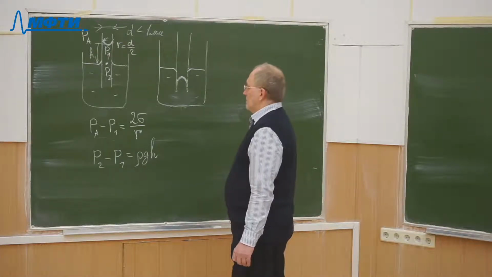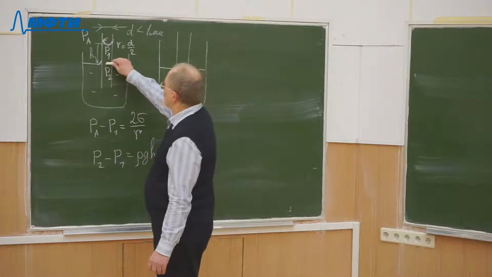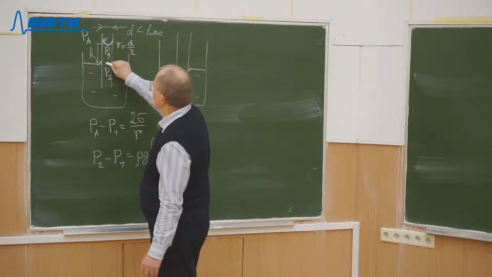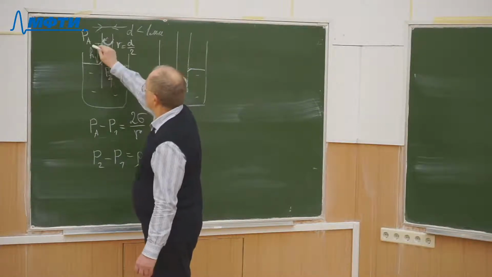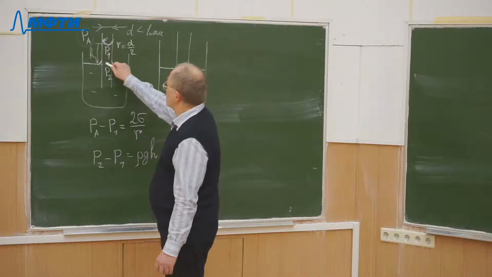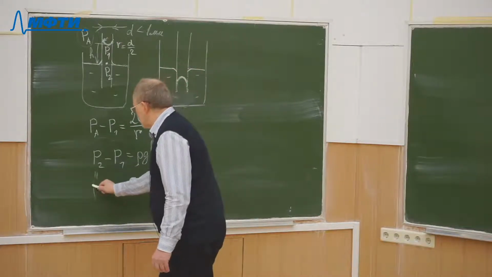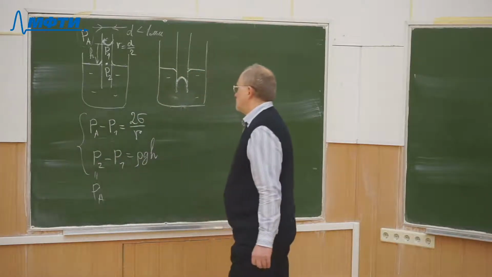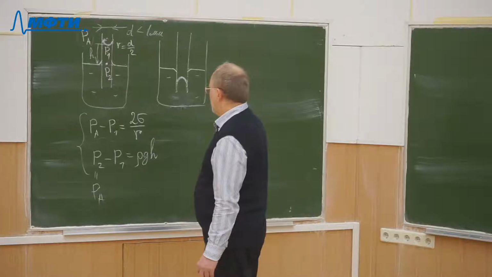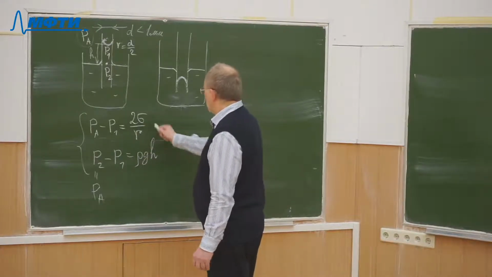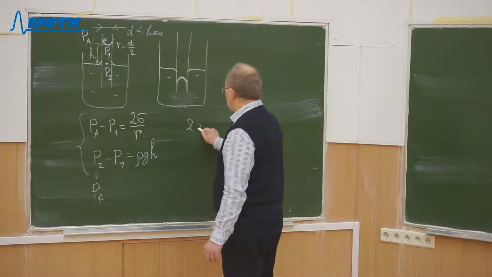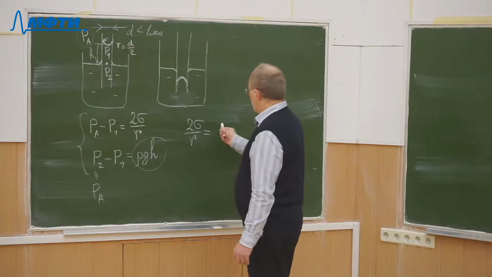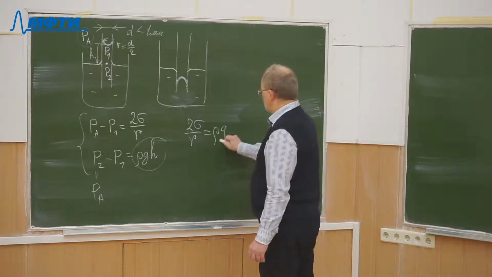We know that if this point is on the level of the water surface, then the pressure at this level will be equal to atmospheric pressure. So the pressure at point 2 is atmospheric pressure. Combining these two equations, we obtain that 2 sigma over r should equal rho g h.